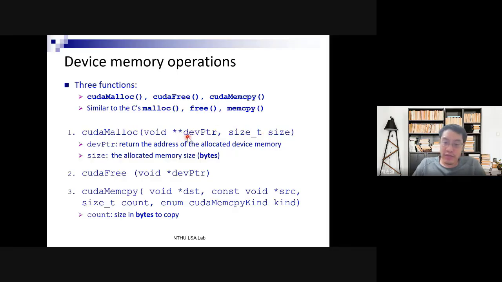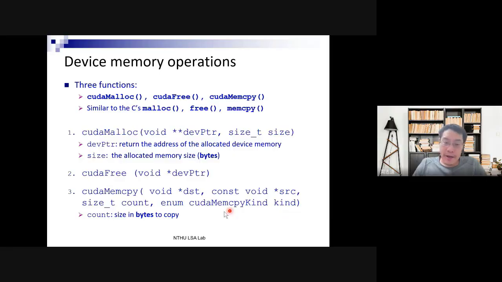So here we use a device pointer, meaning that this is a pointer to allocated memory on the device. We need to know that because, for example, memory copy can be used in both ways, from host to device or from device to host. We use the same API here, and we use the kind to decide the direction.